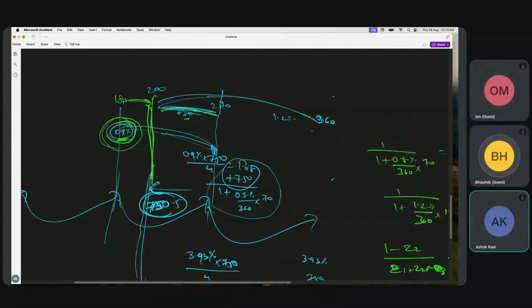In the previous case, it was not influencing the calculation. Now this 0.9% has to influence the calculation. So in the previous case, what you said, that method is absolutely fine. But in this case, it will not work.